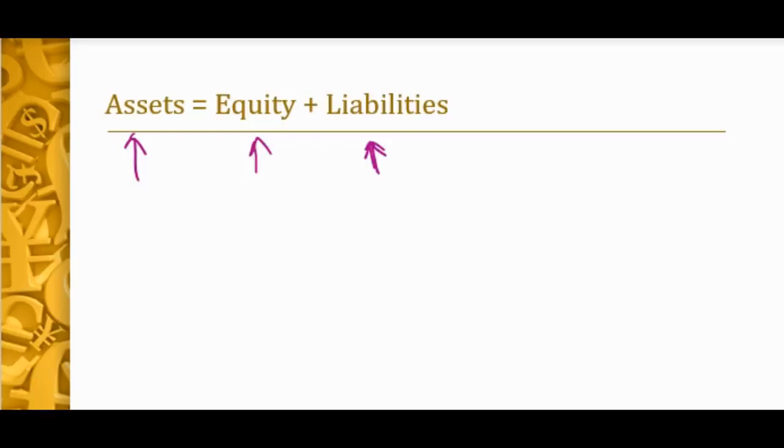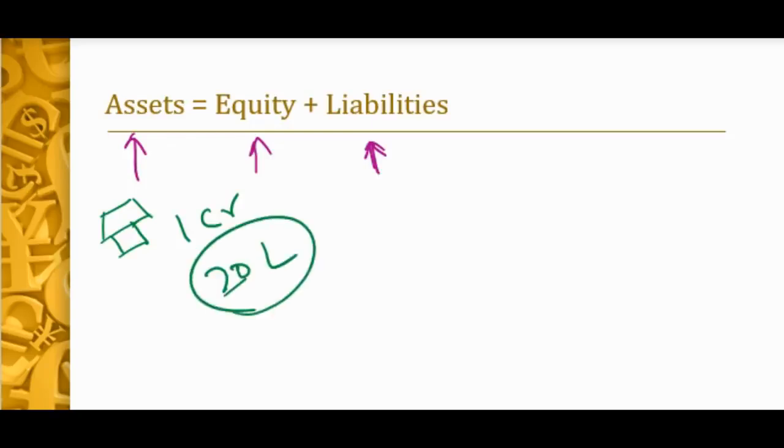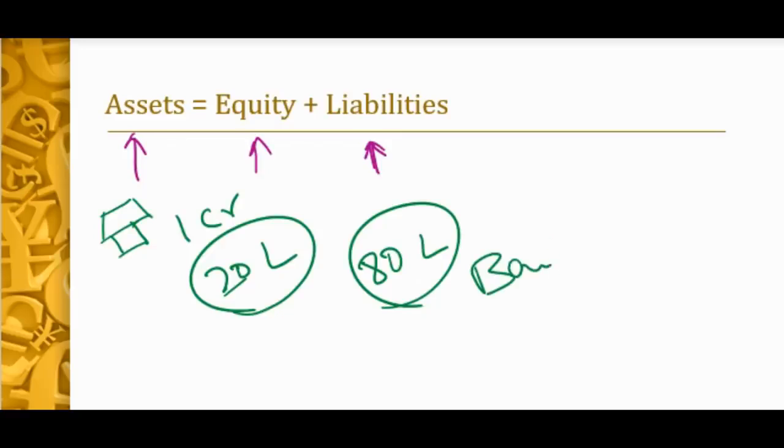Let us take an example. If you want to start a restaurant, you need an investment of, let's say, 1 crore rupees, but you have only 20 lakhs with you, and you take the remaining 80 lakhs through a bank loan. Now, what is the asset here?